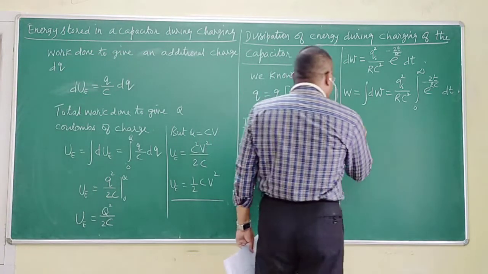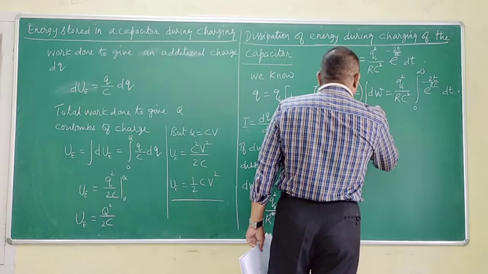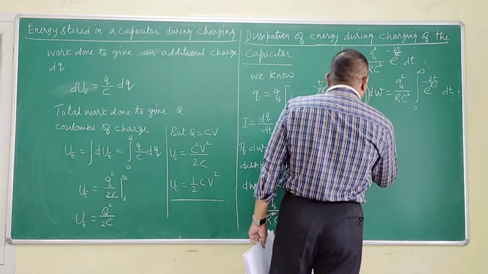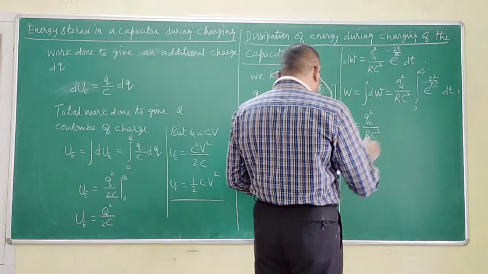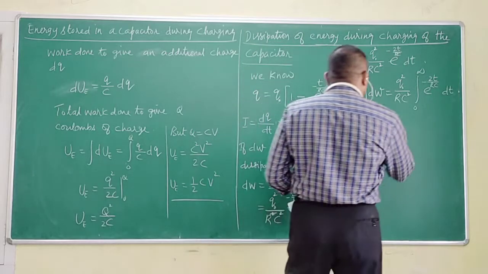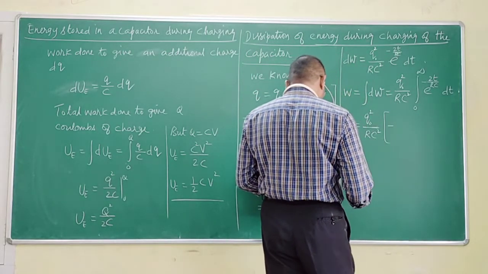If you integrate this, q naught squared upon RC squared, you have to integrate this. If you integrate minus, am I right, sir?